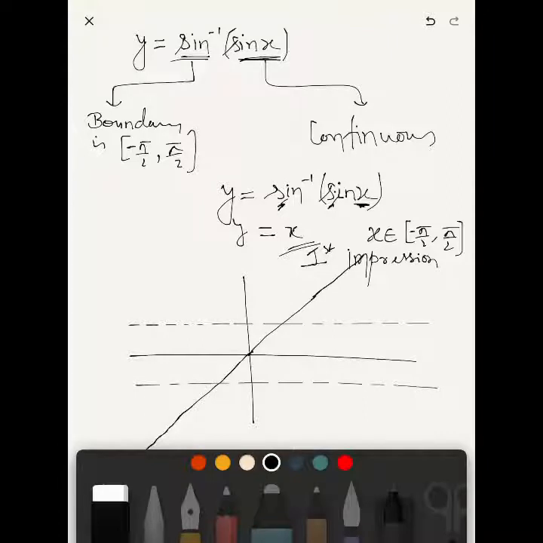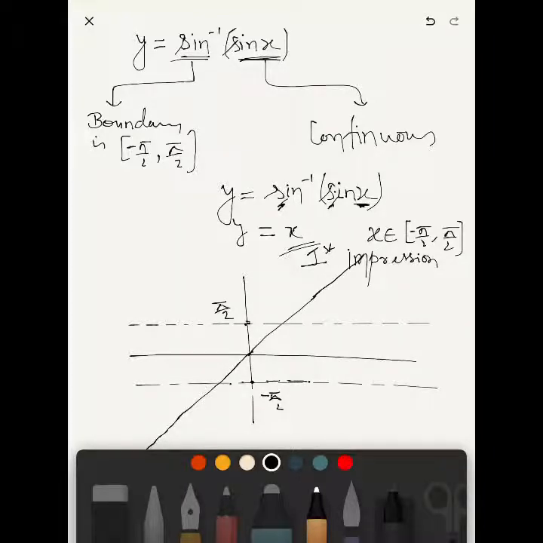Here you have got minus pi by 2, and here you have got pi by 2. This whole line is y equals to pi by 2 and this whole line is y equals to minus pi by 2.